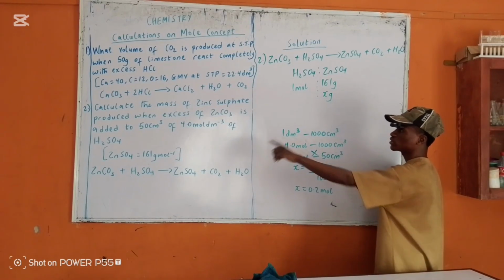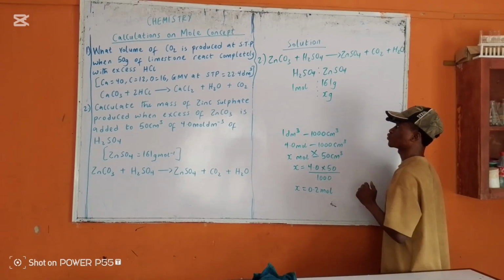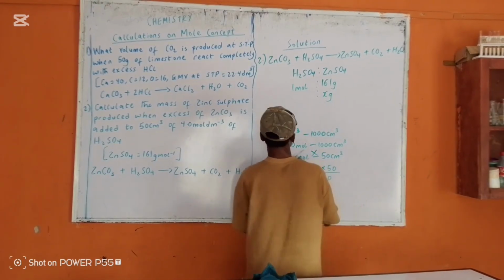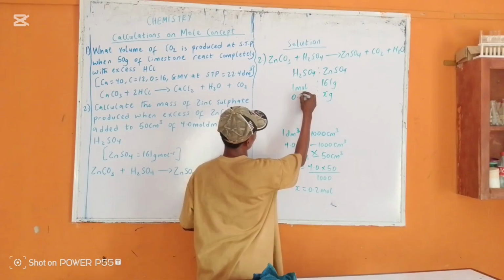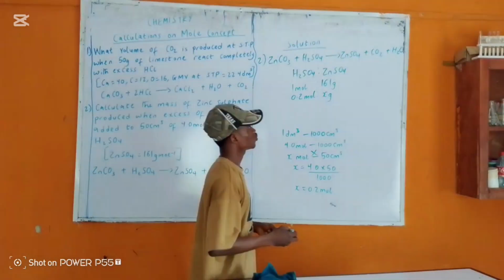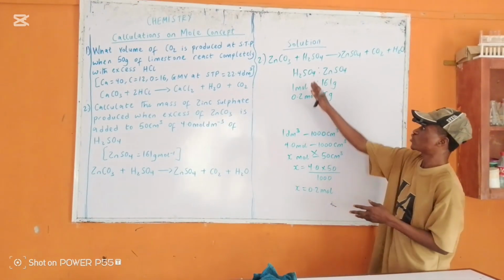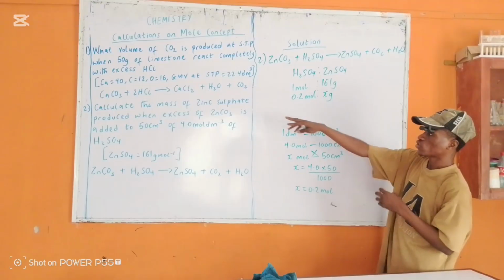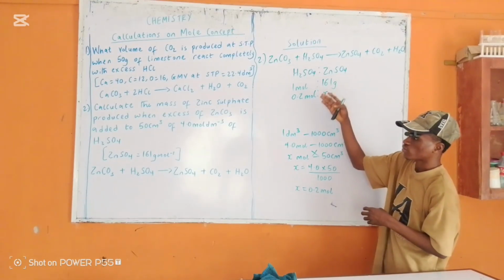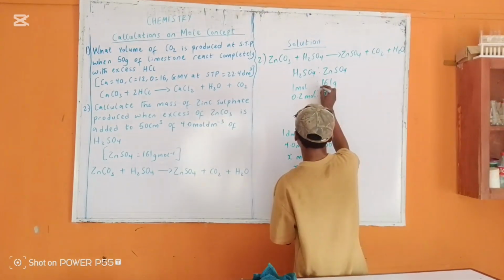We are calculating H2SO4 in mole, so we have 0.2 mole here. If we make use of 0.2 mole of H2SO4, what mass of zinc sulfate will be produced? We have to calculate the mass of zinc sulfate that will be produced. So cross multiply.